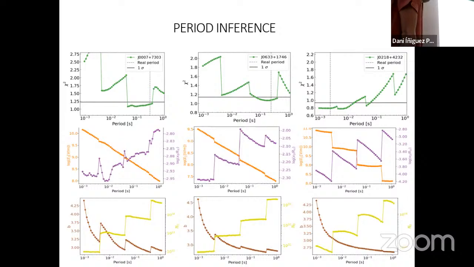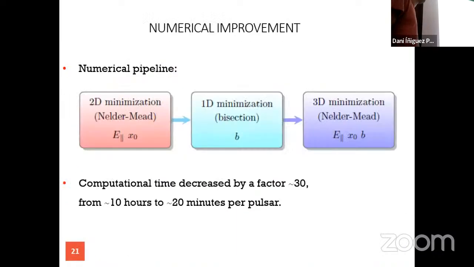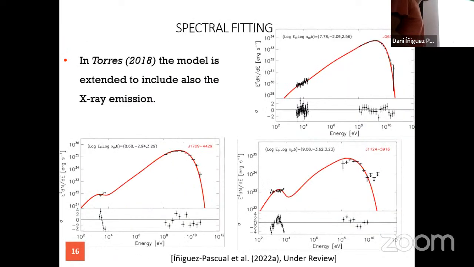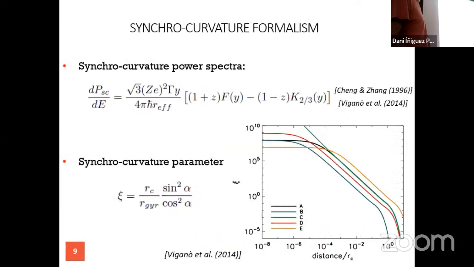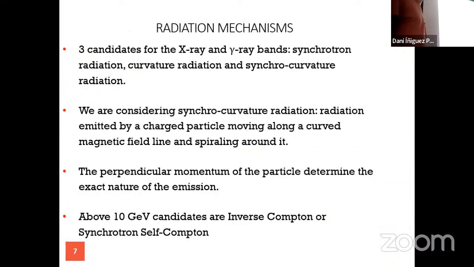You are not considering inverse Compton? No, we are just considering synchro-curvature radiation, but adding inverse Compton and self-Compton is one of the future prospects, in order to explain also these things that appear at 100 GeV. But why do you have this prediction in the spectral distribution?